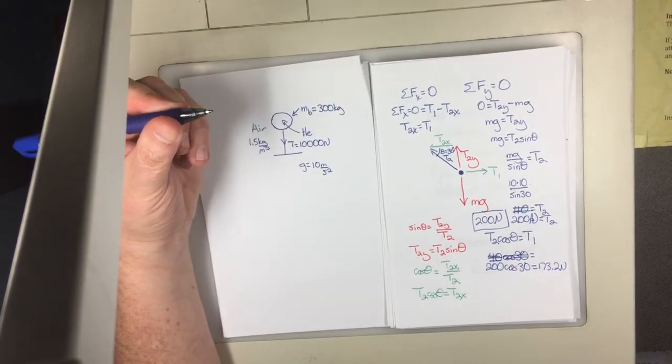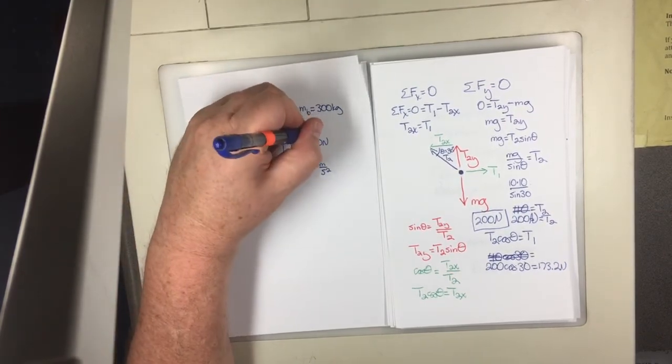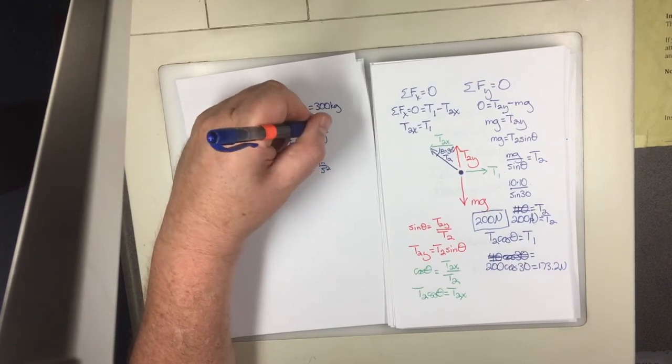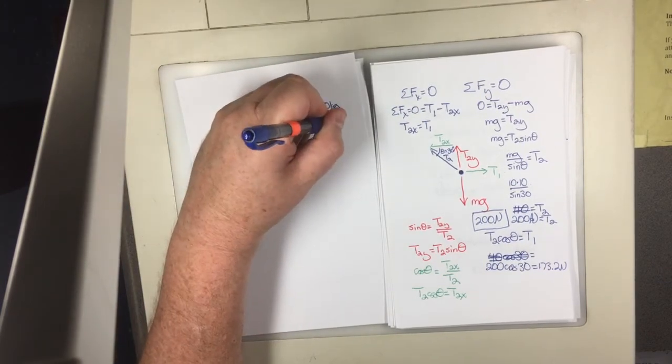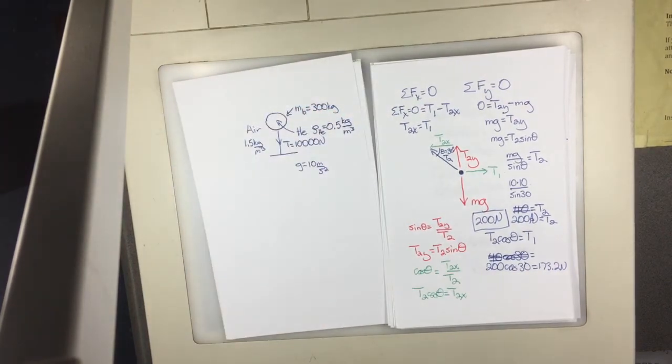I'll probably end up just giving you the values. The gas on the inside, we'll just call it helium for the moment, has a density of 0.5 kilograms per cubic meter. So the density of the gas on the inside is less than the density of the gas on the outside, which means this thing is going to have a buoyant force up. And there is a tension in the string that is 10,000 newtons down.